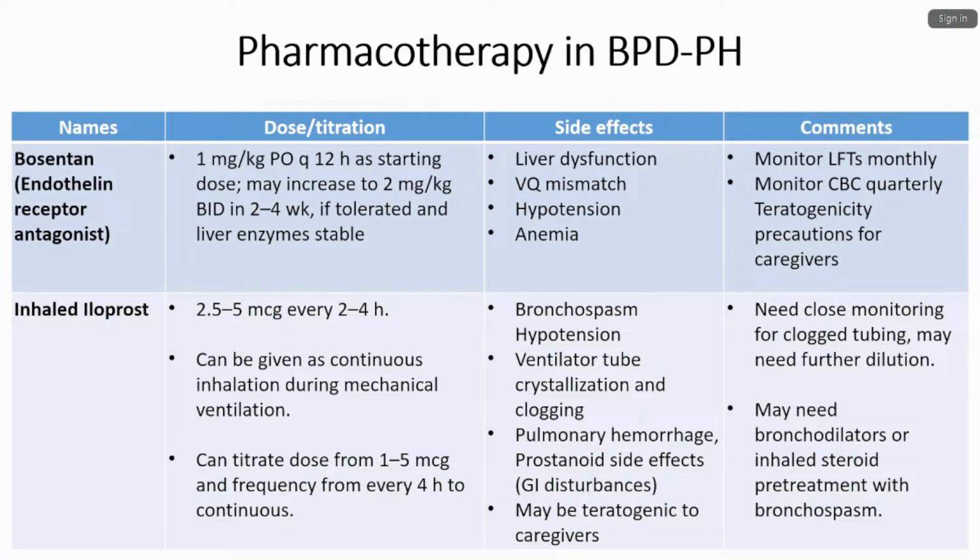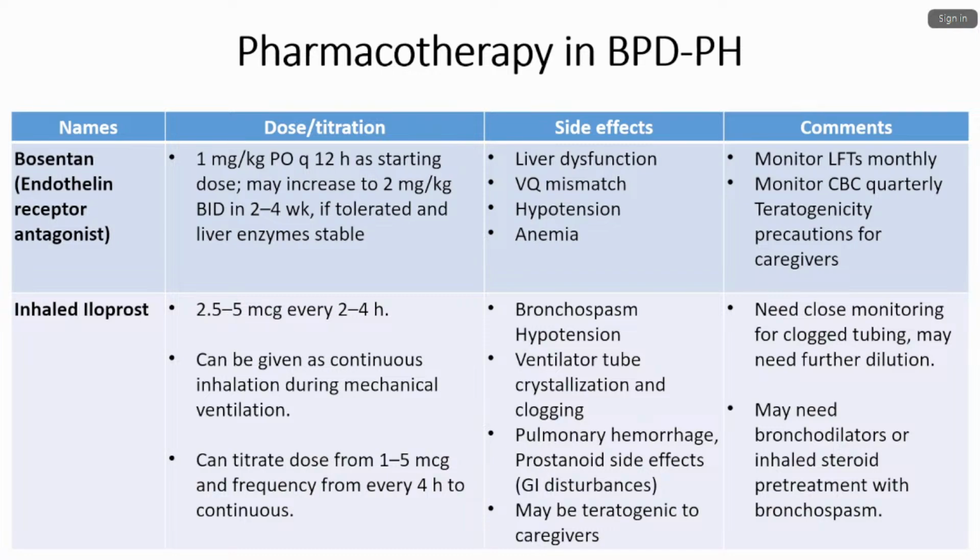Another is inhaled iloprost. The dose is 2.5 to 5 microgram every 2 to 4 hourly, and it can be given as a continuous inhalation during mechanical ventilation, and the dose can be titrated from 1 to 5 microgram, and frequency from every 4 hours to continuous.